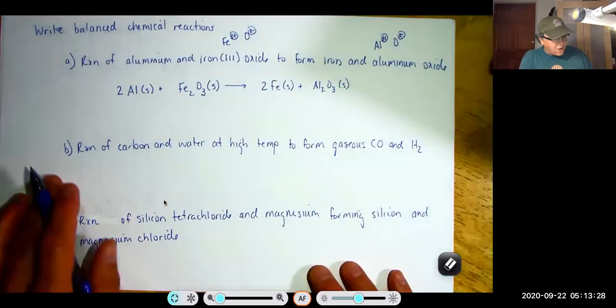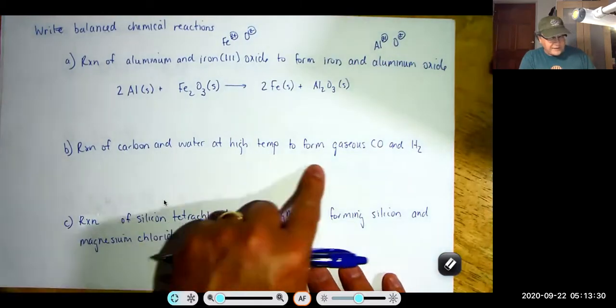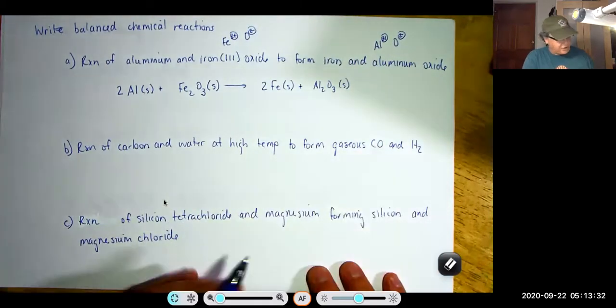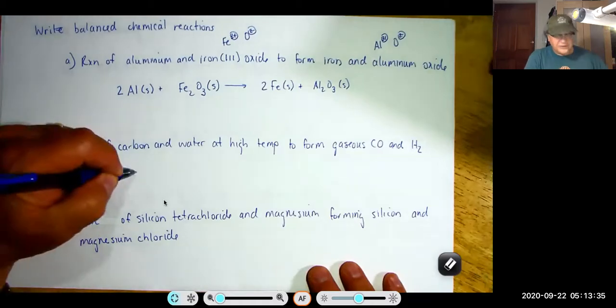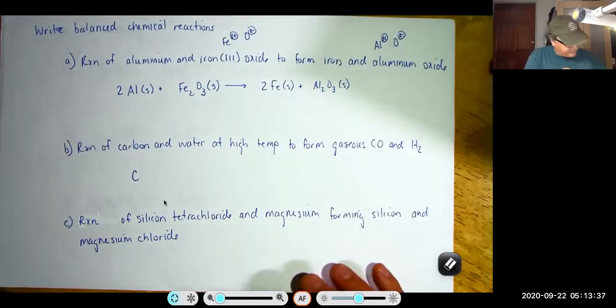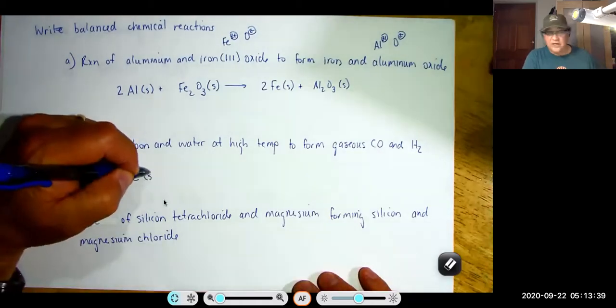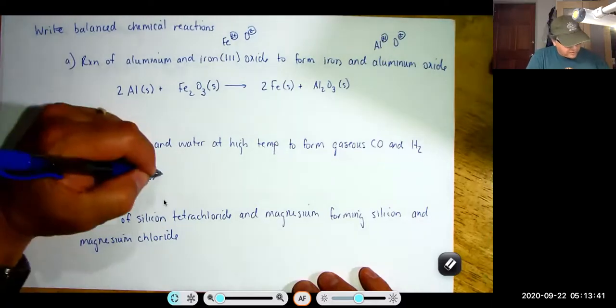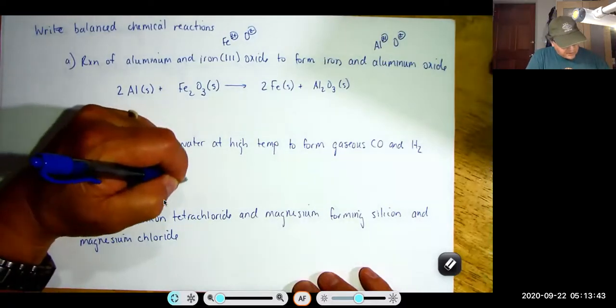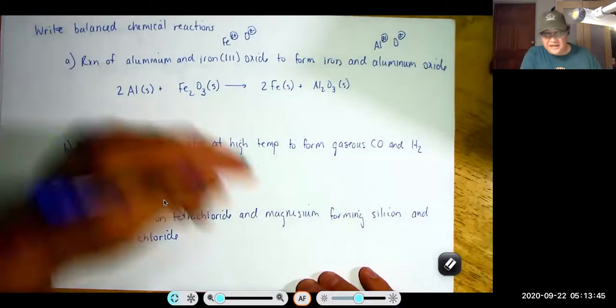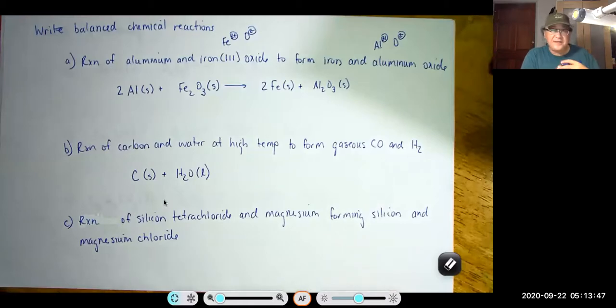So the reaction of carbon and water at high temp to form gaseous CO and H2. Well, carbon is not one of the diatomics. It's a solid at room temp. Water is H2O, and because they say water, not steam or not ice, it's a liquid.